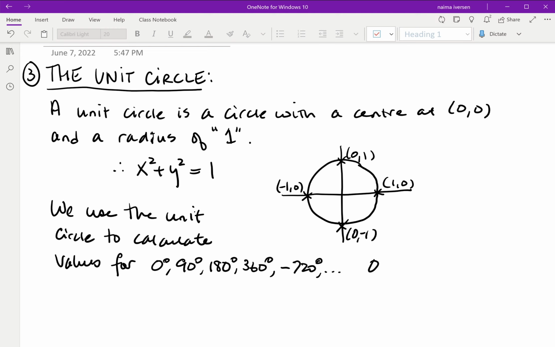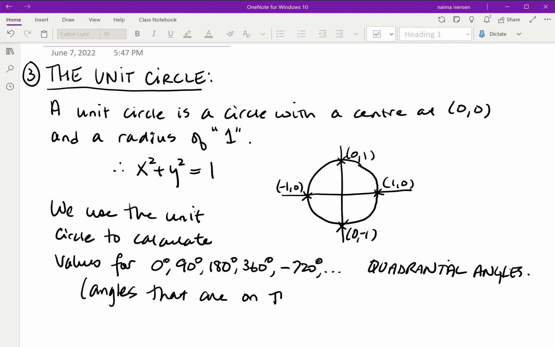These are sometimes called quadrantal angles, but we don't really need to worry about that. They are the angles that end up on the axis. So the x-axis and the y-axis, right? They are on both of the axes.